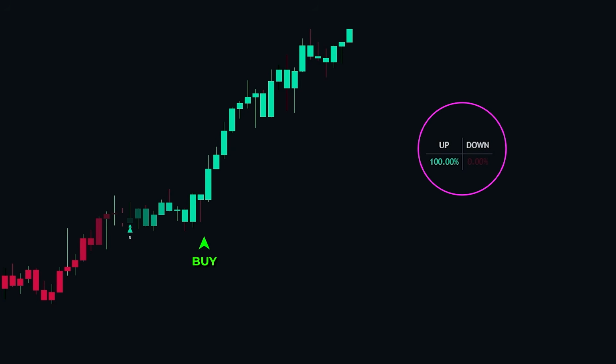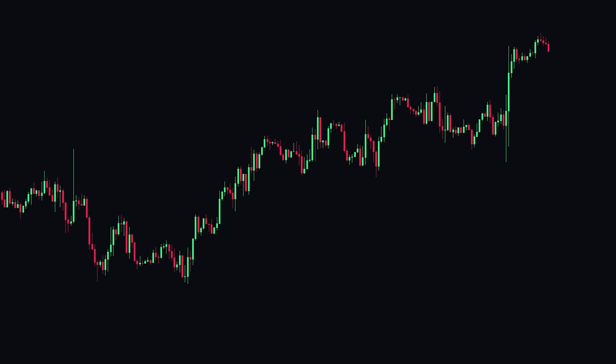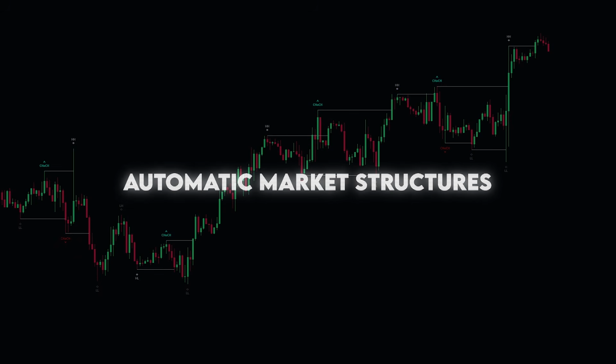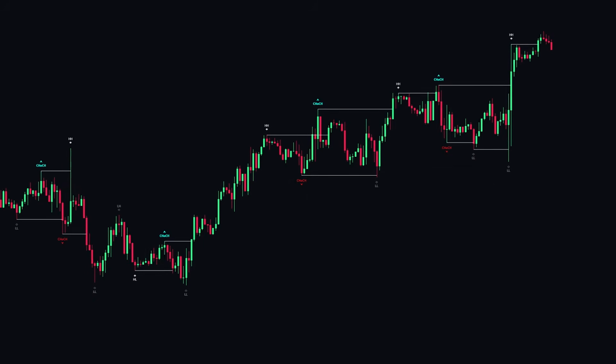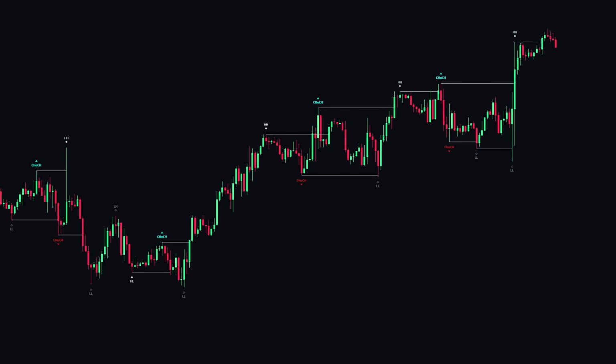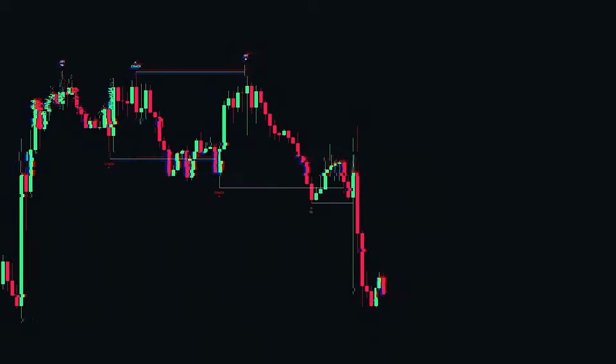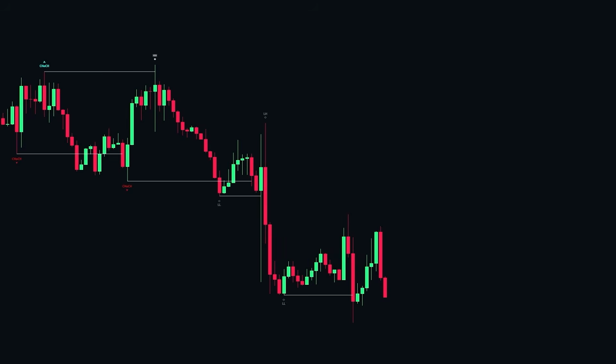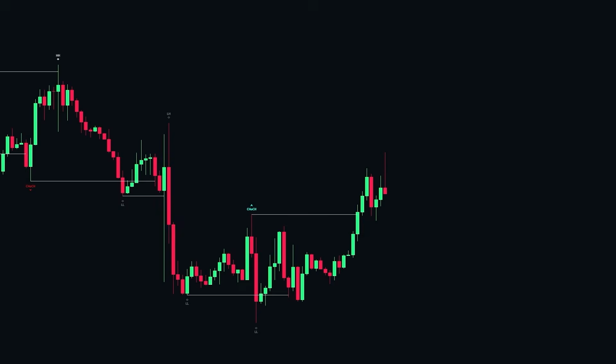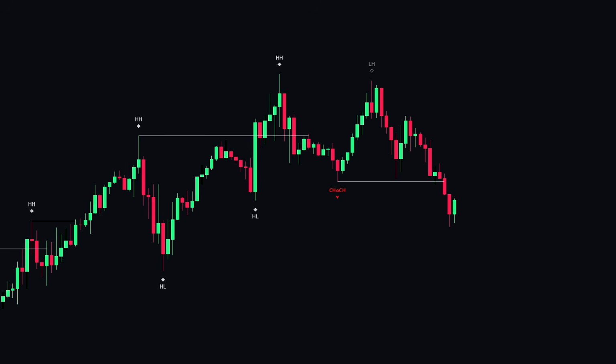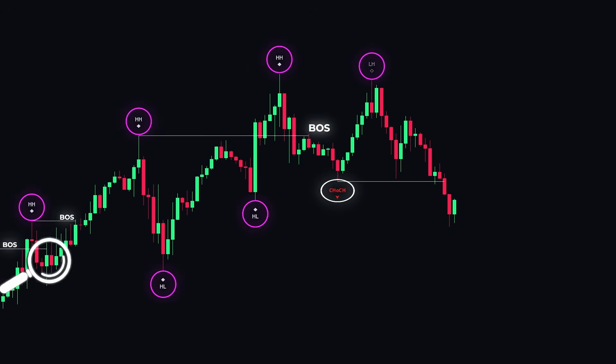The next feature in the toolkit is automatic market structures. This indicator is extremely useful for traders, especially smart money concept traders. It was created to get rid of all the guesswork by automatically identifying market structures in real time. It automatically marks the highs and lows, break of structures, and change of characters, making it much easier to spot potential reversals.